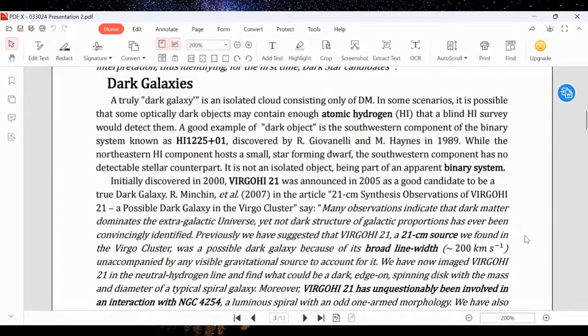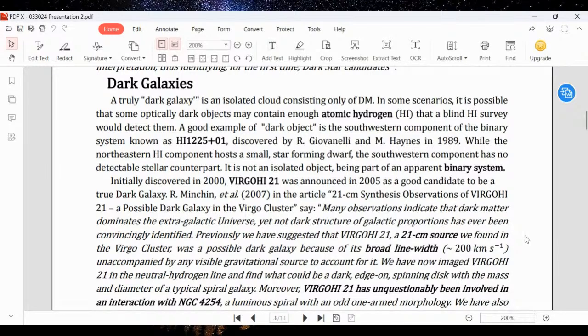A good example of a dark object is the southwestern component of the binary system known as HI 1225+01, discovered by Giovanelli and Haynes in 1989. While the northeastern HI component hosts a small star-forming dwarf, the southwestern component has no detectable stellar counterpart. It is not an isolated object, being part of an apparent binary system.